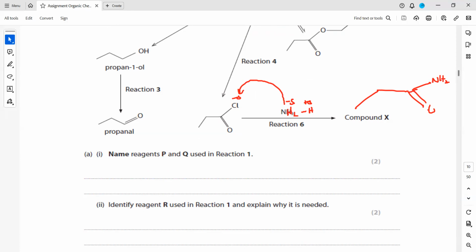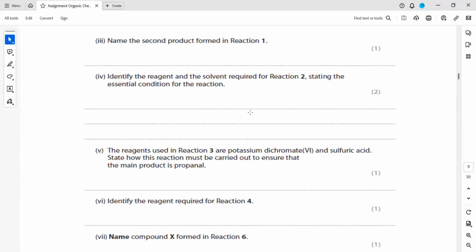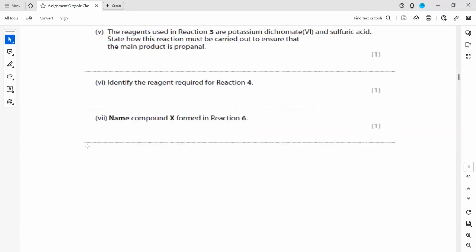Because 3 carbon atoms are there, it will be propanamide. So the product is propanamide.